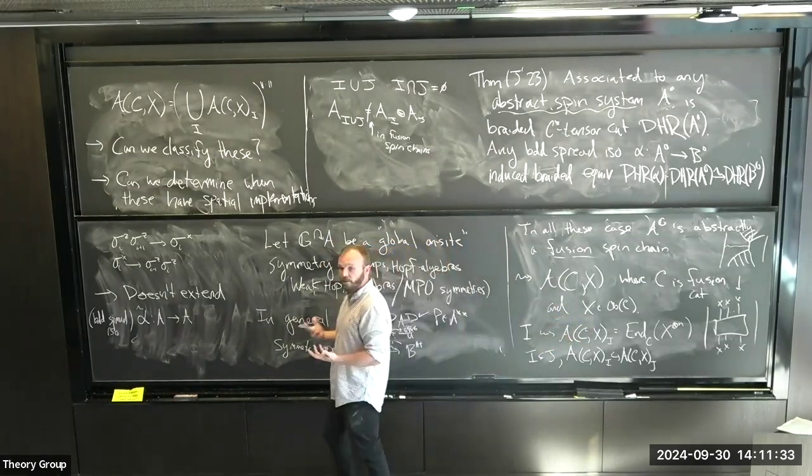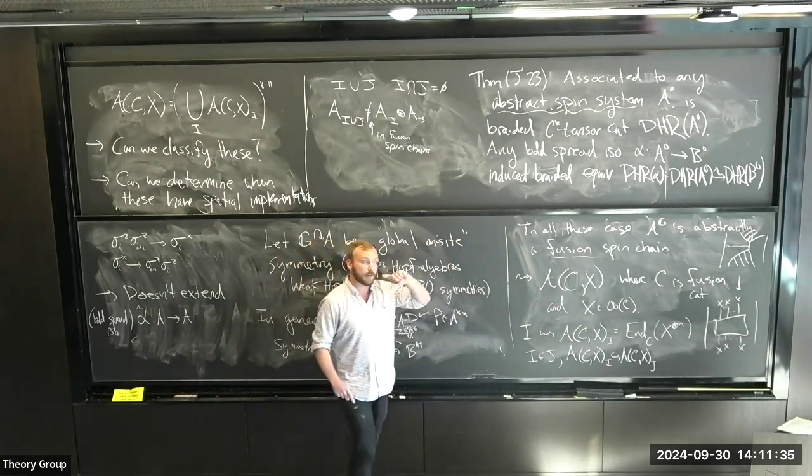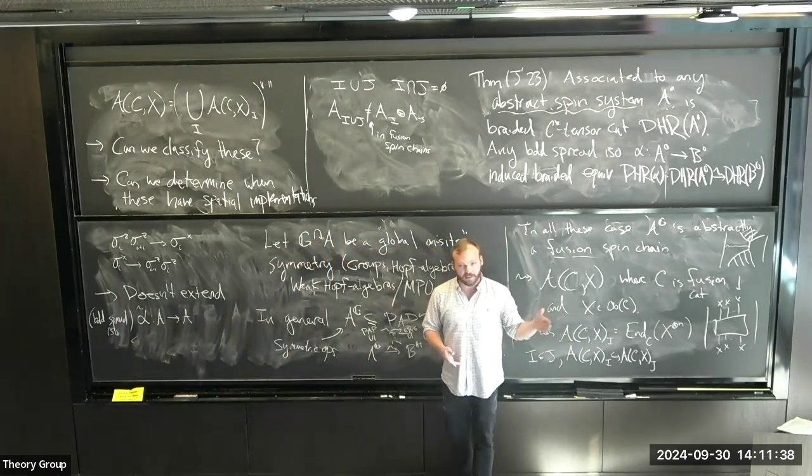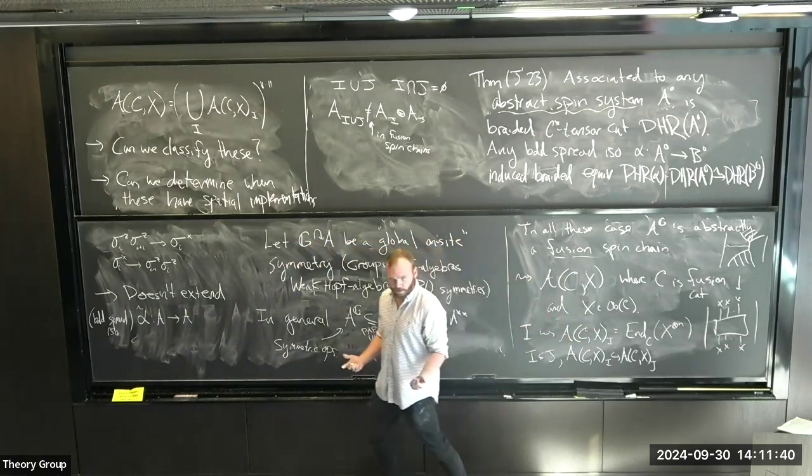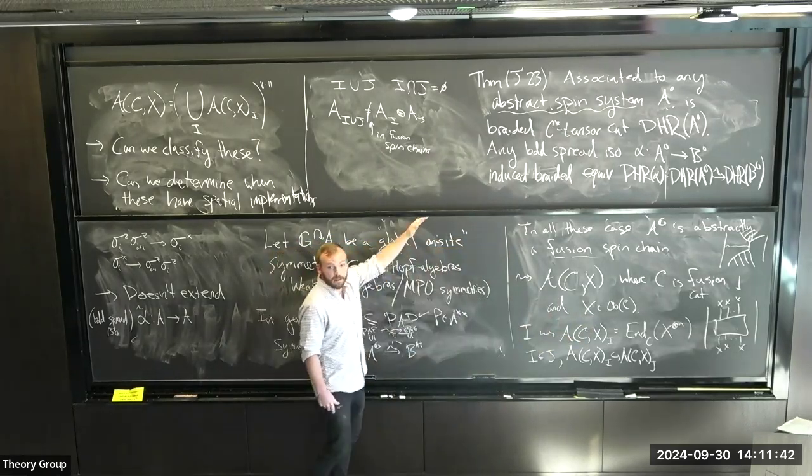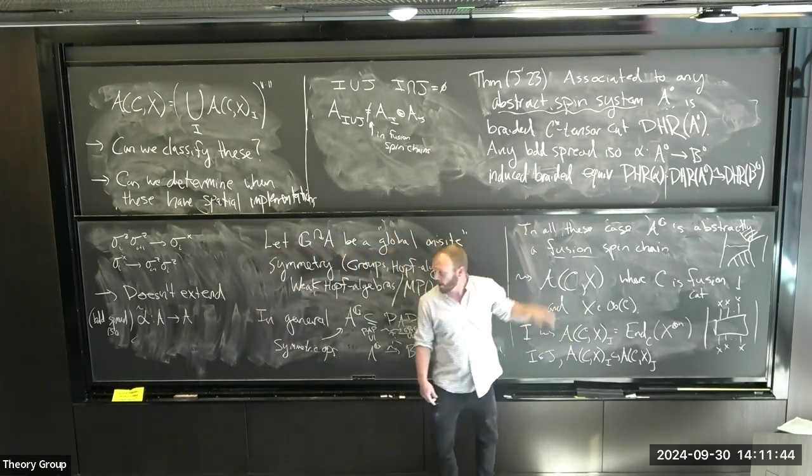It's an index in the flavor of GMVW, but instead of being valued in numbers, it's valued in braided autoequivalences of a category. Okay, that's the idea that this was supposed to do for you.